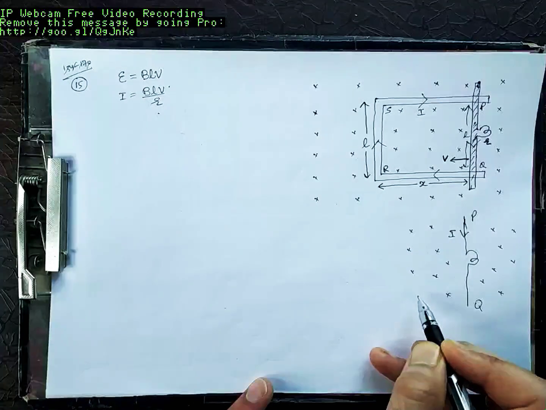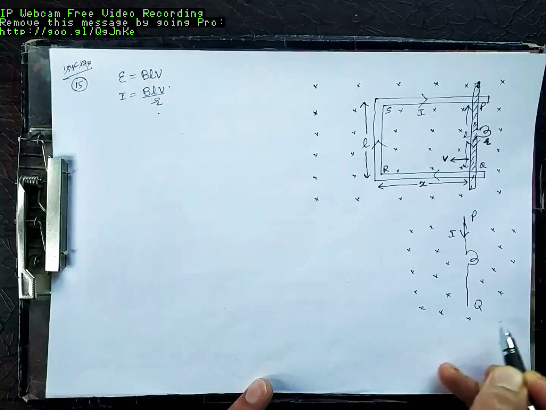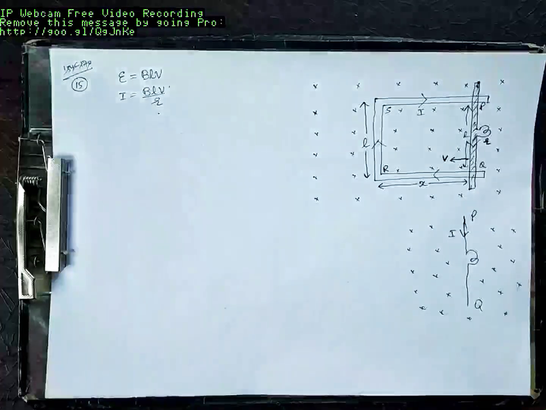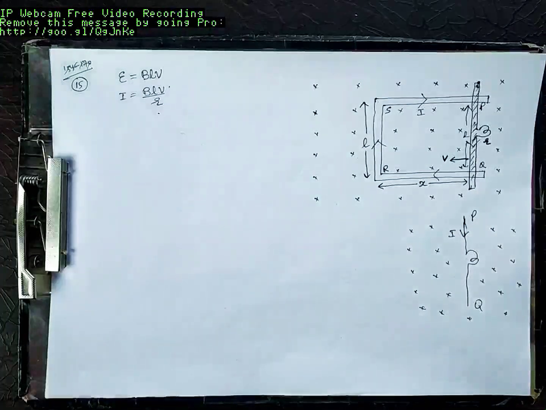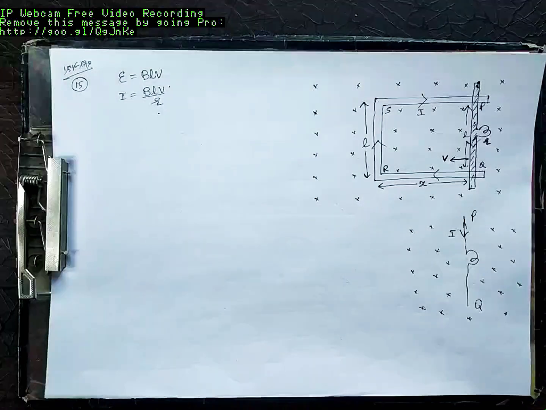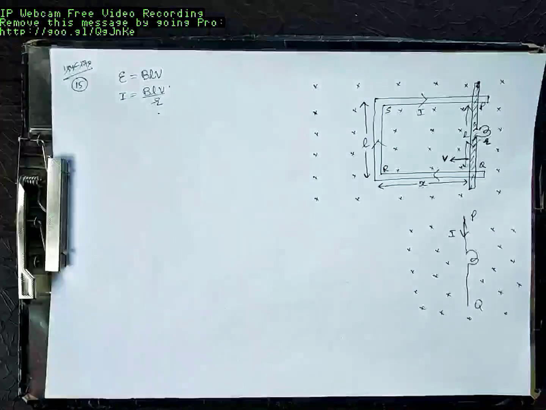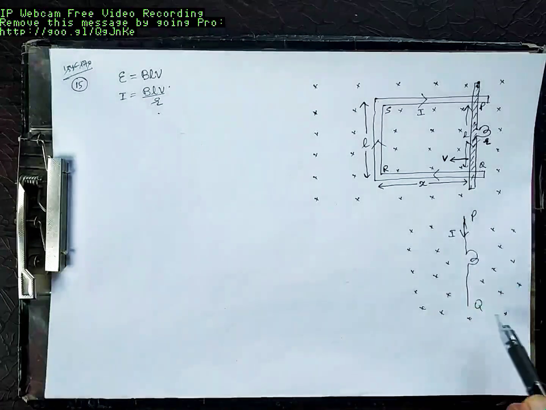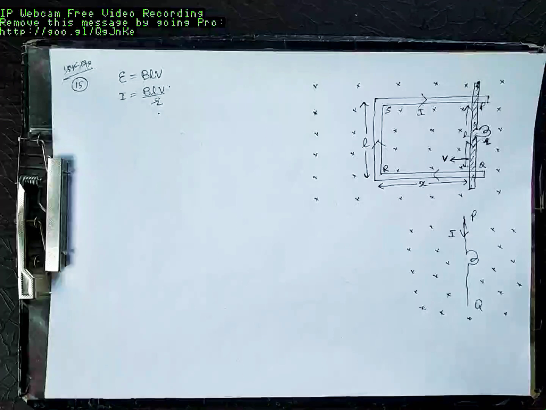Recall from the earlier lecture that we have discussed, whenever you have a current carrying conductor inside a magnetic field, it experiences a force. A current carrying wire inside a magnetic field experiences a force.